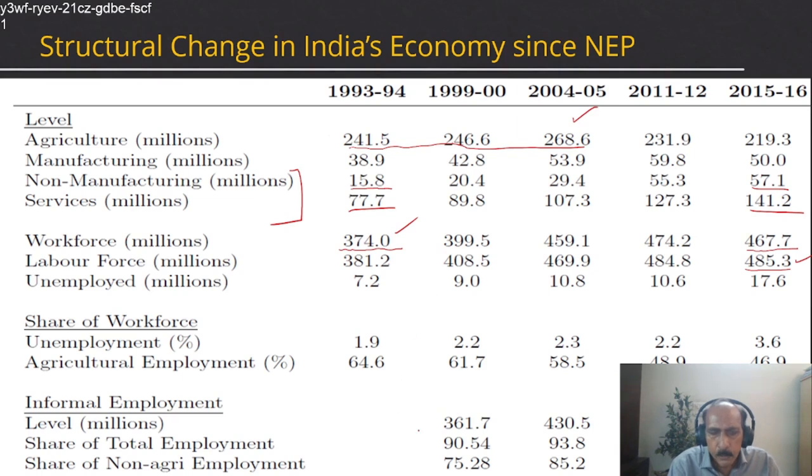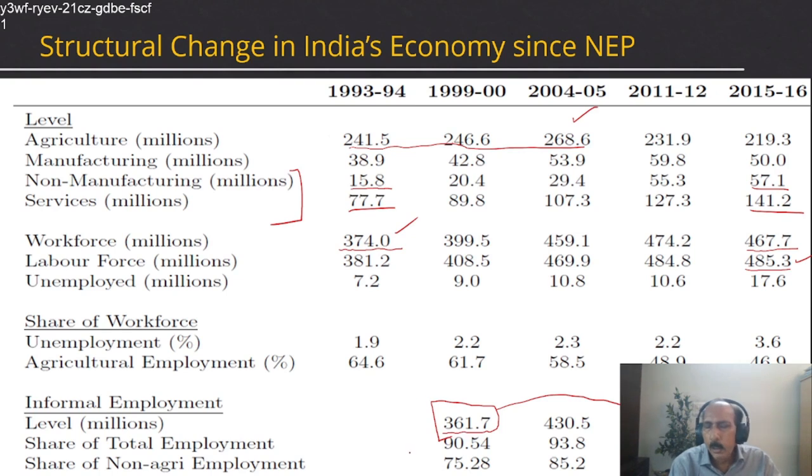As a result, if you look at the last column, it is shown that the informal employment in the economy in 1999-2000, the NSSO survey indicated around 362 million people were employed in the informal sector, and this has increased to around 439 million in 11-12. This is the figure from the NSSO survey.